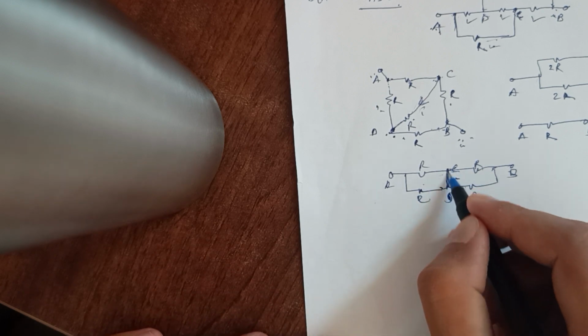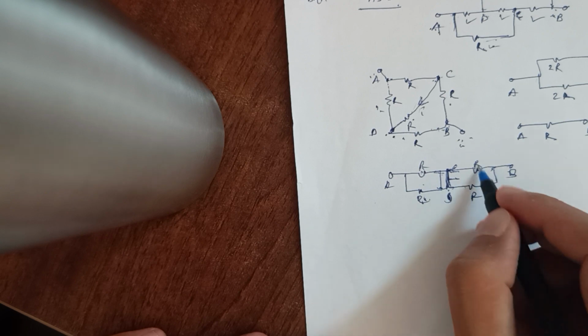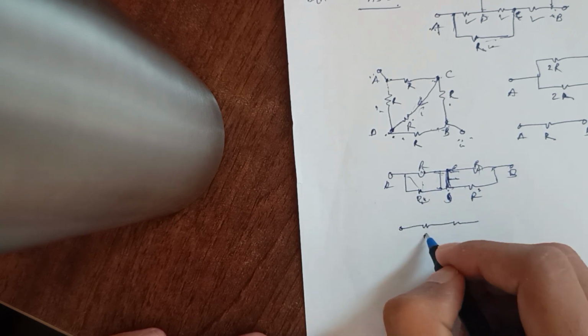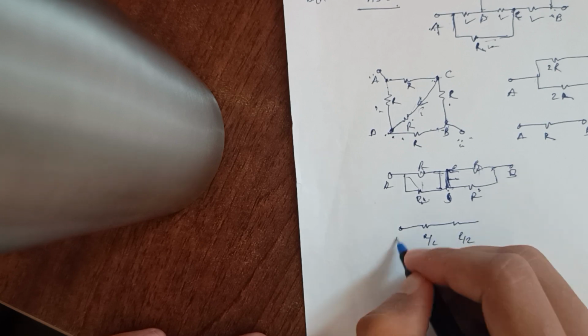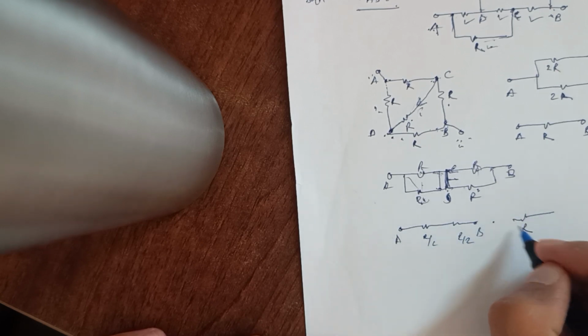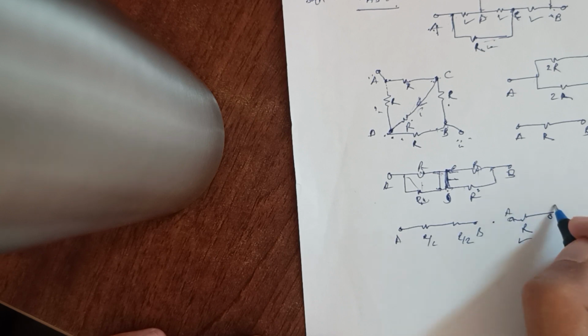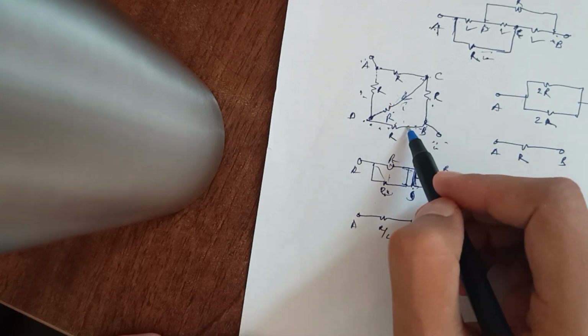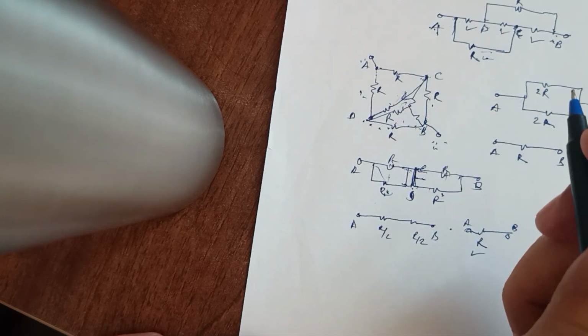So here is the same node. This is in parallel, this is in parallel, R by 2. It's equivalent R. And one more method is there: you can convert this delta into the equivalent star, then also you will get the same answer.